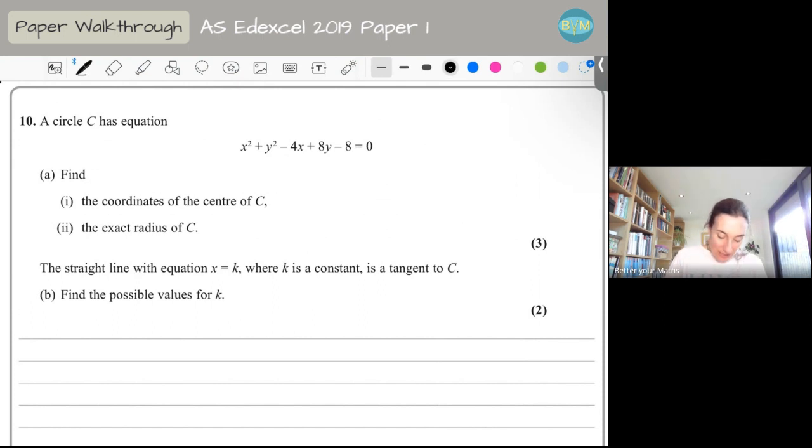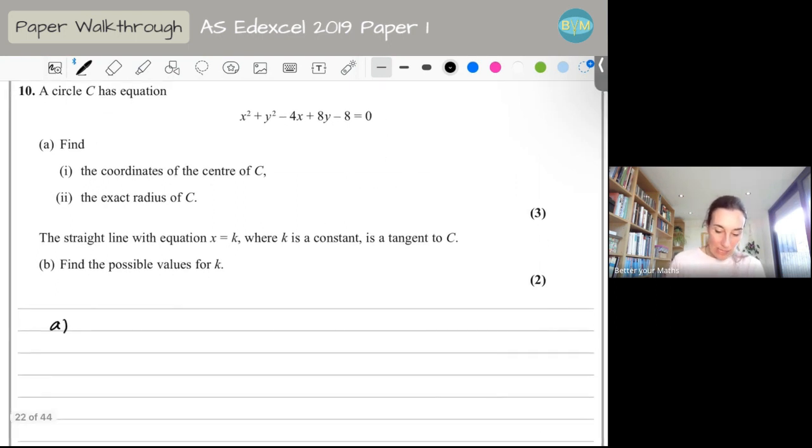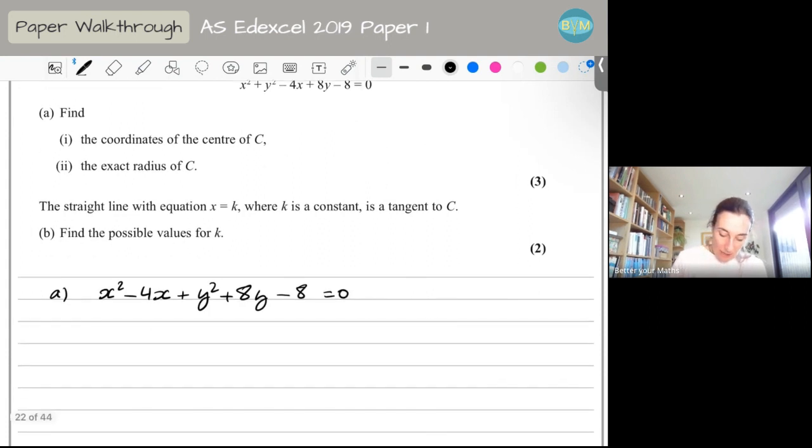So whenever you have your circle written this way and they ask you the center and the radius, you have to complete the square with the x, complete the square with the y, and rearrange. So if you complete the square with the x, I'm going to write the x's together and then the y's, because I think it's going to help you. And just reorganizing the equation, yeah? I'm going to complete the square with this one and the square with this one.